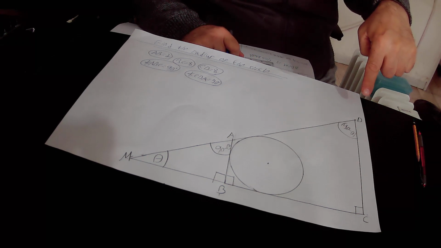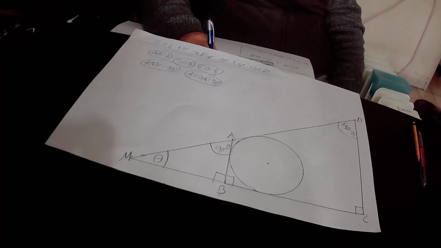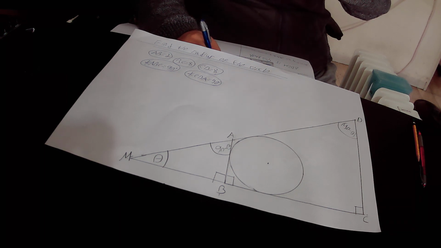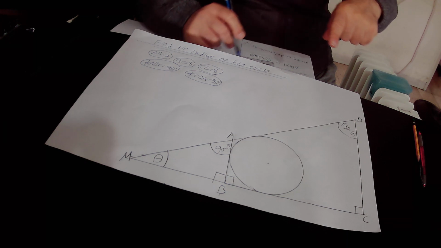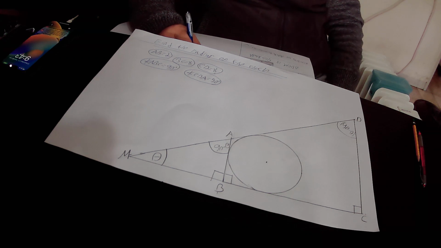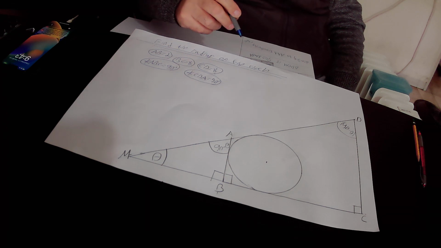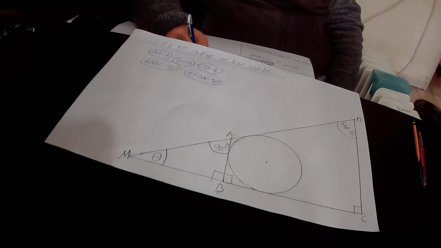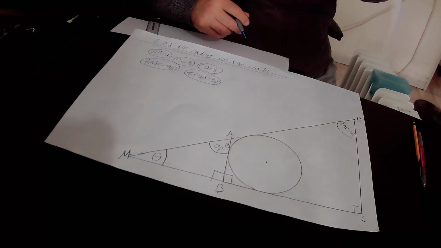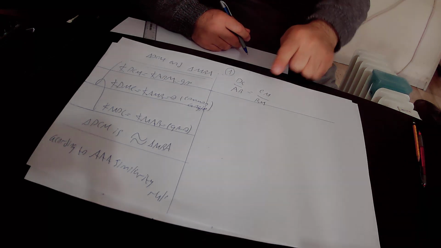Side DC in the big right triangle DCM over side AB in the small right triangle MBA equals side CM in the big right triangle DCM over side BM in the small right triangle MBA. Repeat again. We derive that DC over AB equals CM over BM.